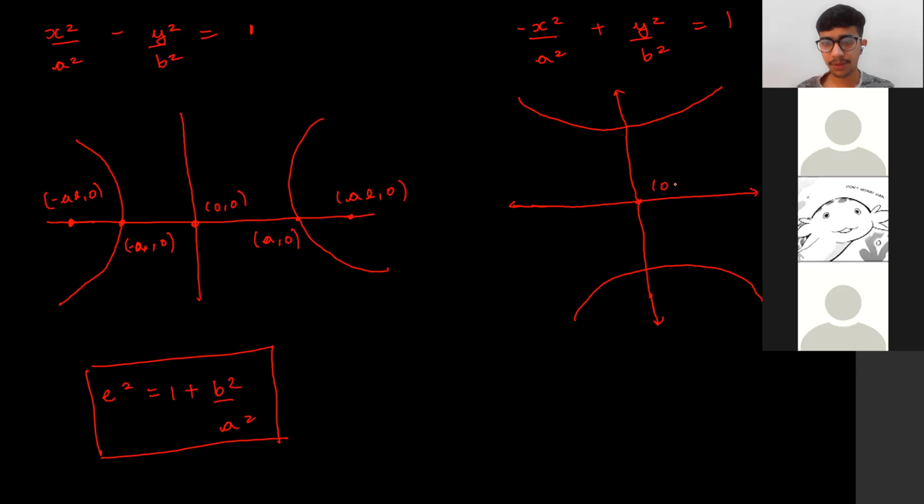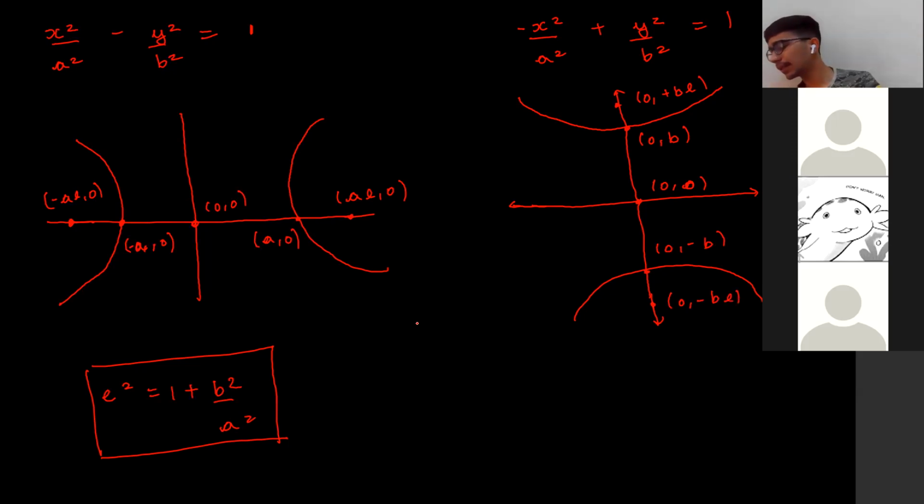Okay, this is 0, comma 0. This is 0, comma b, and this is 0, comma minus b. And the eccentricity of this is 1 plus a square by b square.